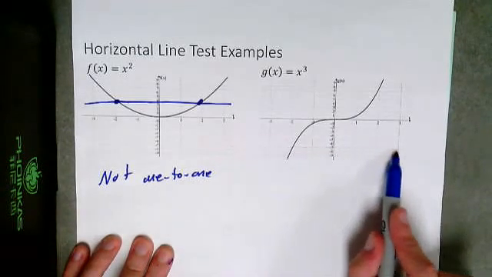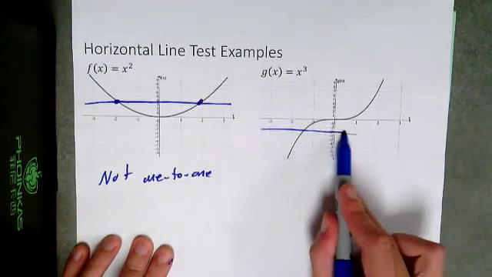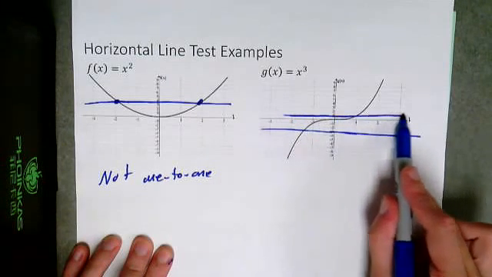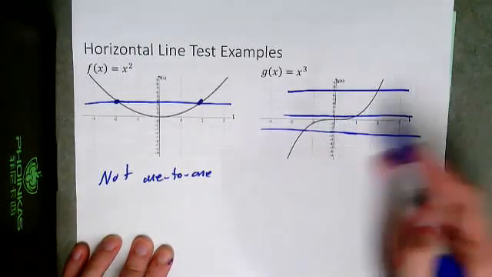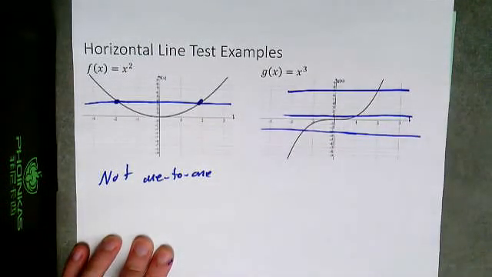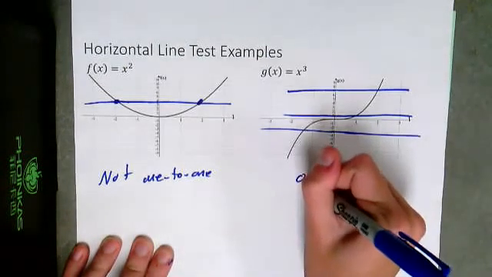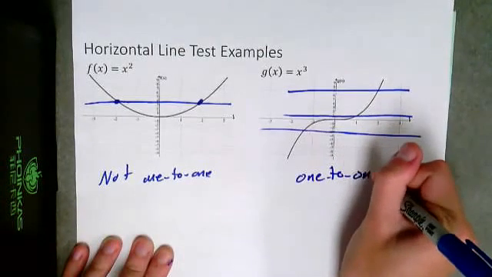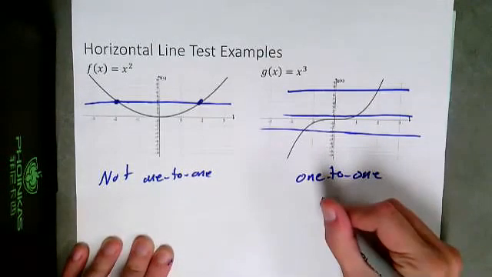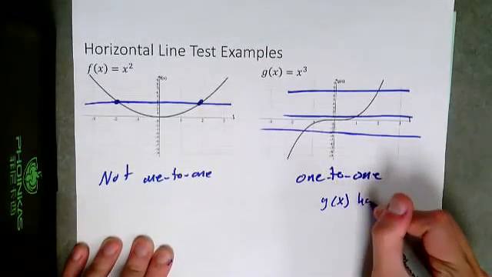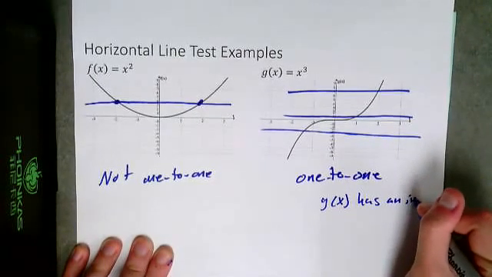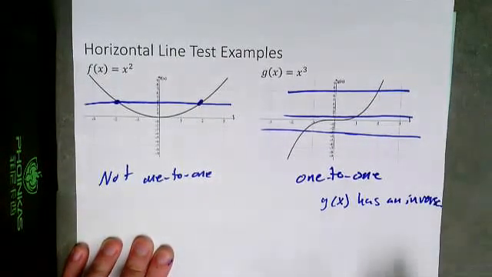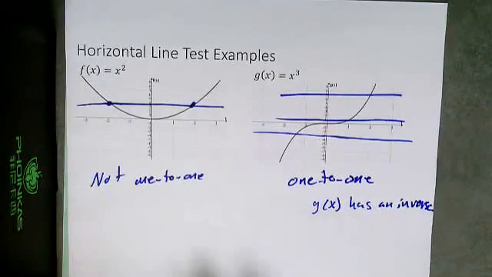Anywhere we draw a horizontal line, we only hit the graph once. So this one is one-to-one, and g of x has an inverse.